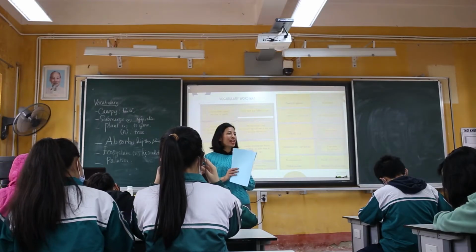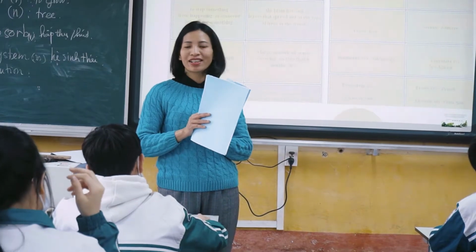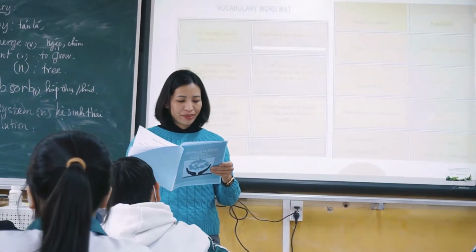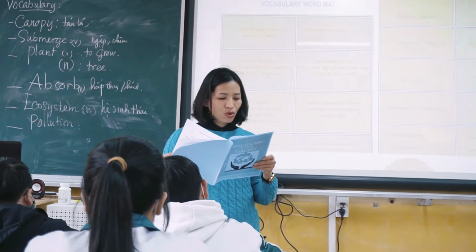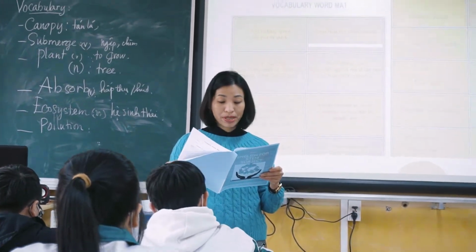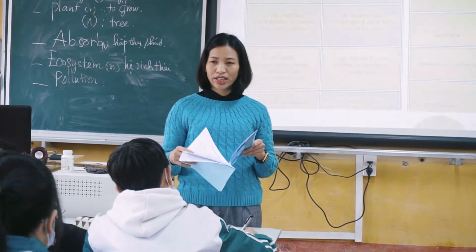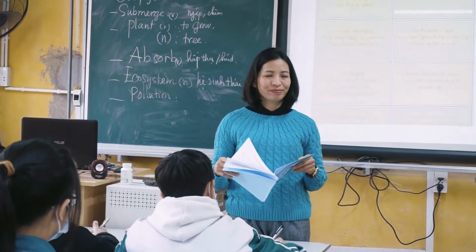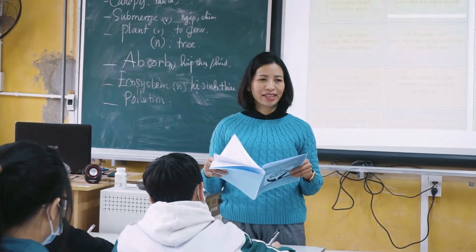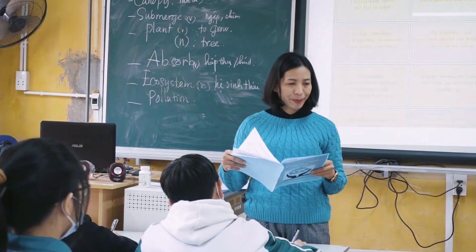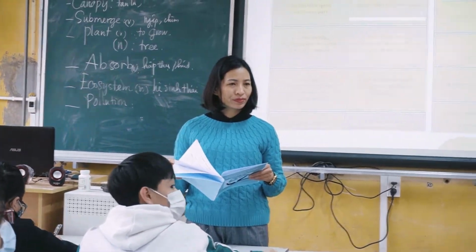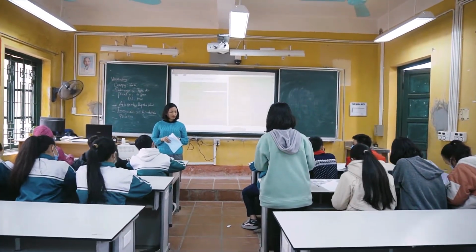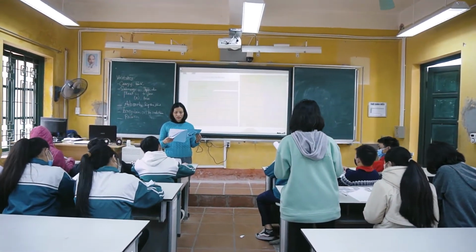And now you can share your answers. So question 1: How could the huge quantity of rainwater be more readily absorbed by trees? What is your answer? Lan Anh, please. My answer is the ability of soil to absorb water was almost double that of areas with no trees.